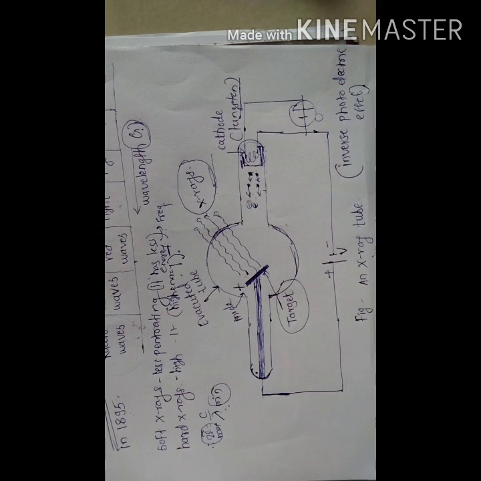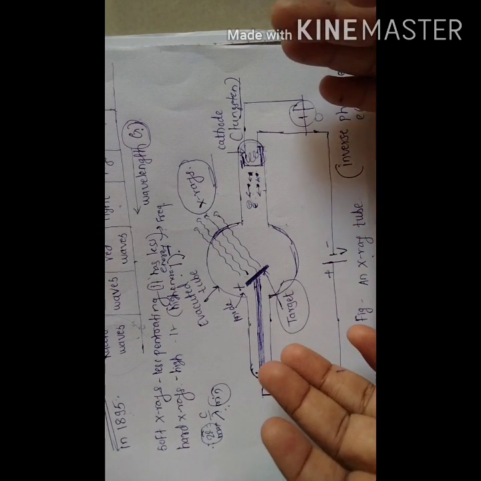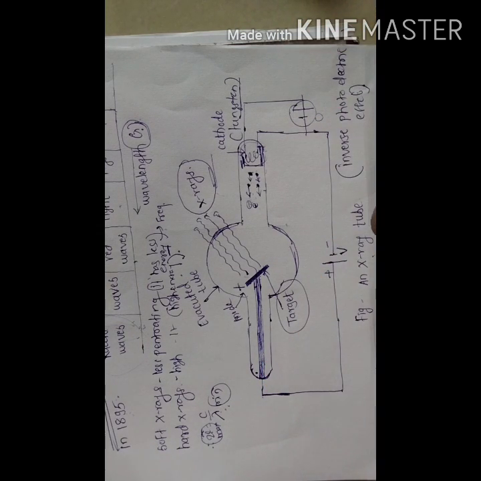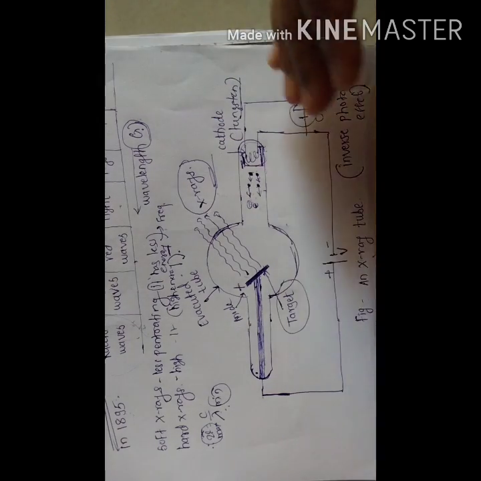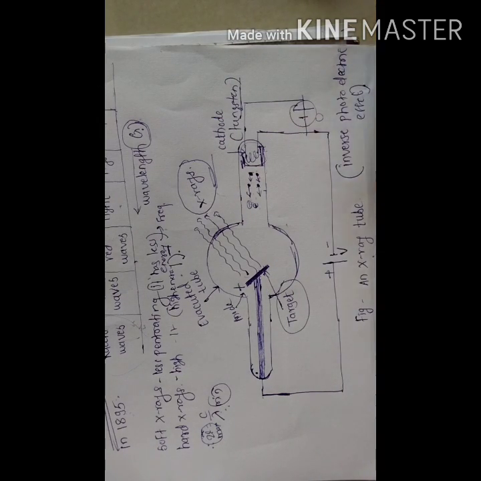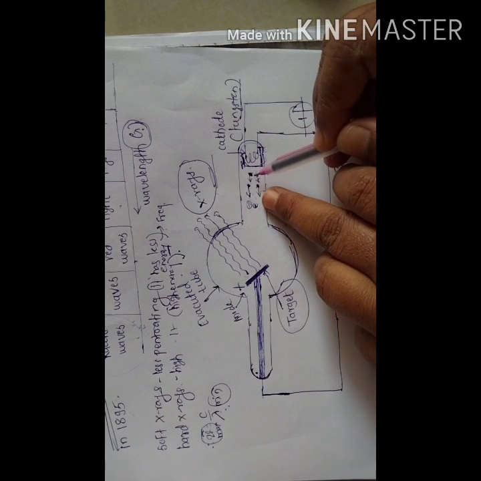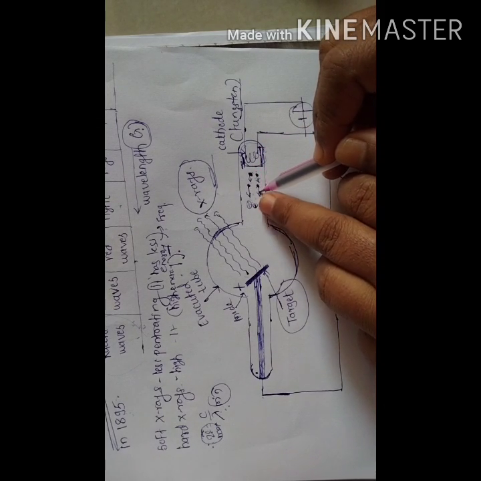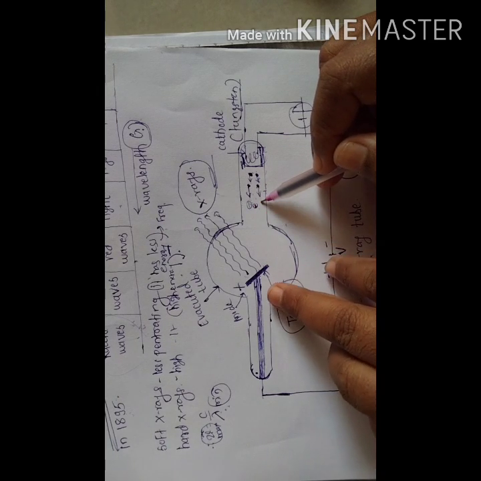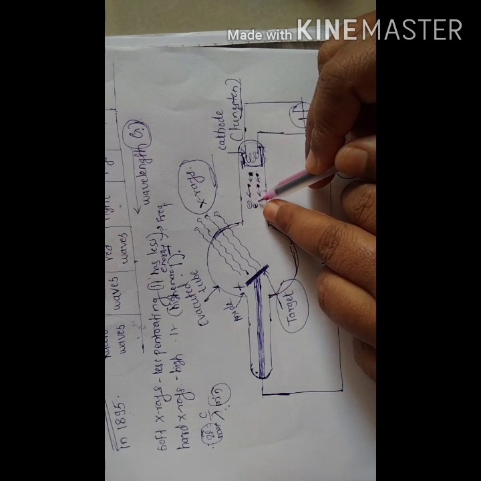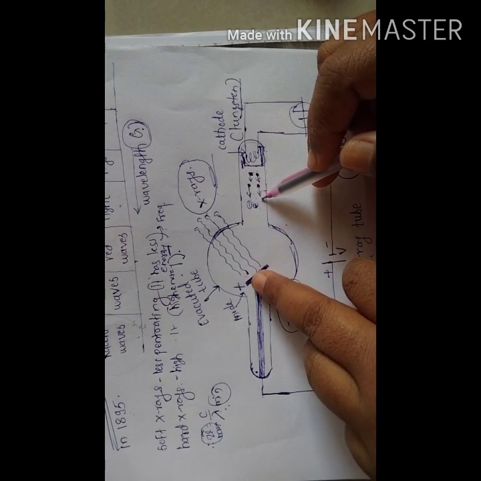We apply the voltage across the target material and filament, and when we apply the voltage, the filament gets heated. What will happen when the filament gets heated? The filament emits electrons by thermionic emission. This is the direction of the emitted electrons. These electrons are negatively charged, so they are attracted towards the positive target.